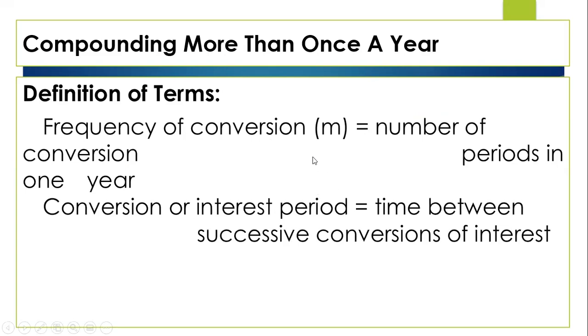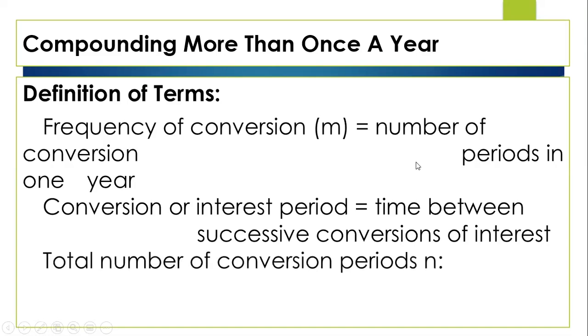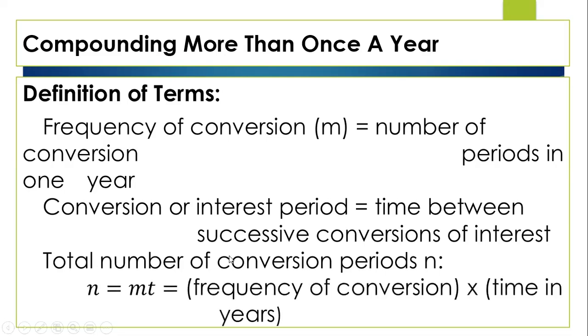So conversion or interest period, time between successive conversions of interest. So we have the total number of conversion periods N, which is M multiplied by time or the years. So yung T laging naka-years, di ba? Tapos yung M, yung number of conversion periods or yung frequency of conversion.